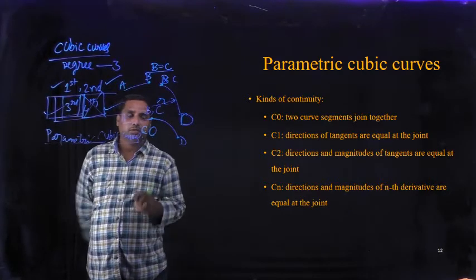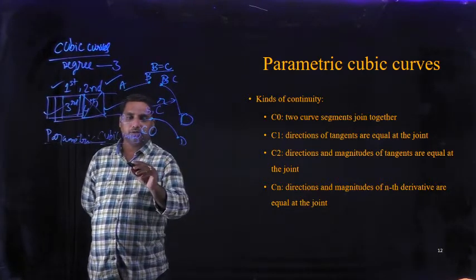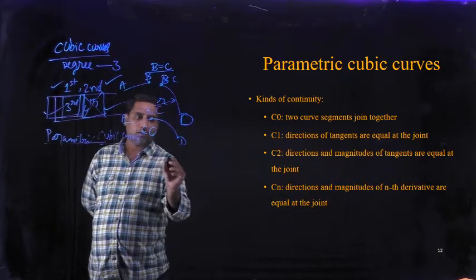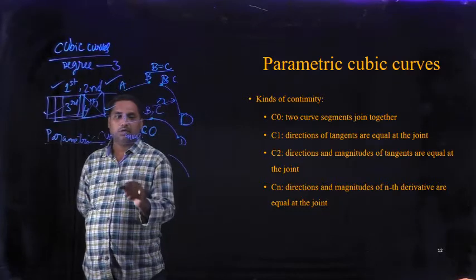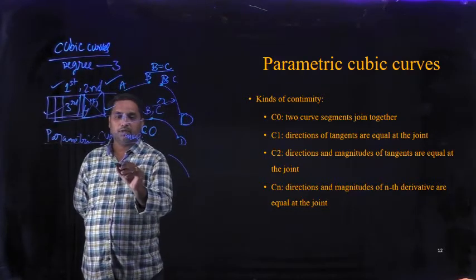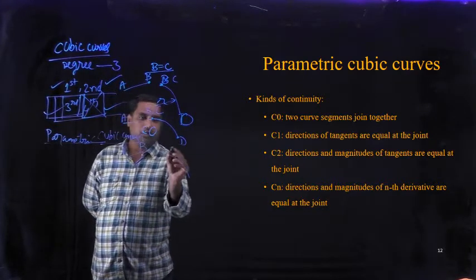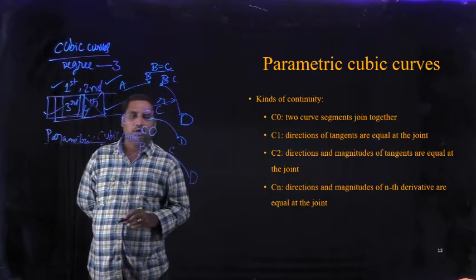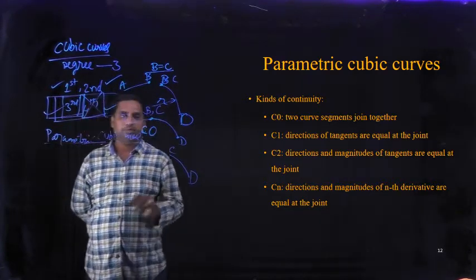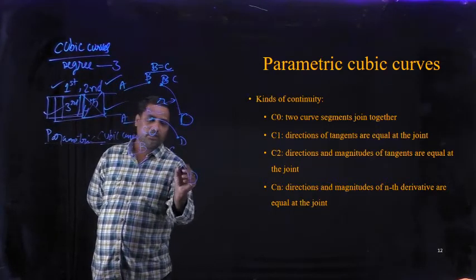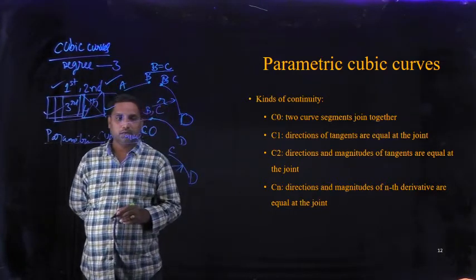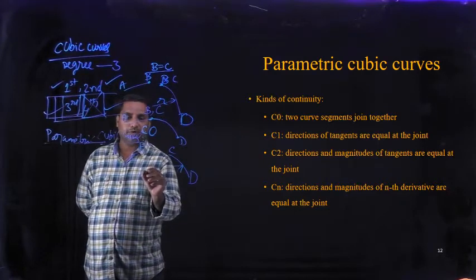Next, consider one arc like this, another arc like this, for explaining the C1 continuity. Let the first arc be AB and the second arc be CD. This is a circular arc and this is also a circular arc. The radii may be different, R1 and R2.